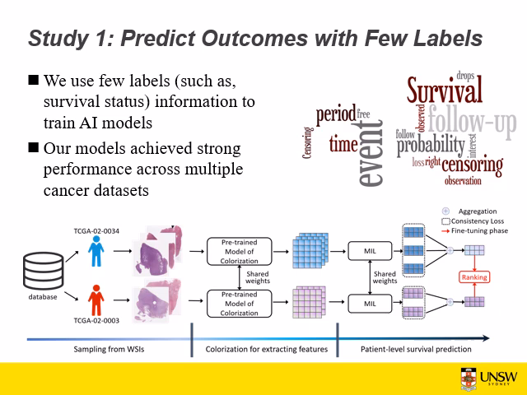In study 1, we tackled the problem of having too few labels. I designed a model where the computer teaches itself by learning from the rich details in whole slide images without needing human labels. Then we combined all slides from a single patient to generate one overall risk score.